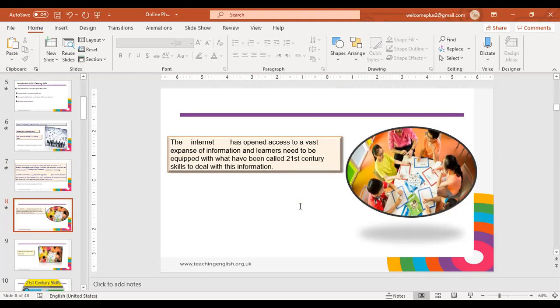Because of that, we are in some kind of danger, because we need to teach them how to get to the confidential sites in which they can find the important, true information, because the internet is like an ocean filled with some really bad or not accredited information, you know?